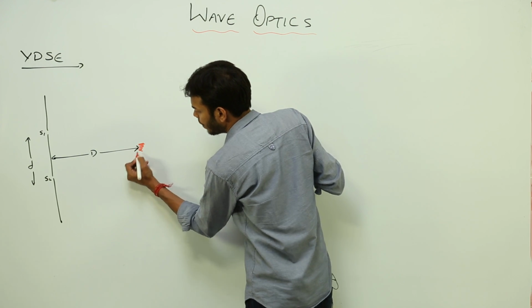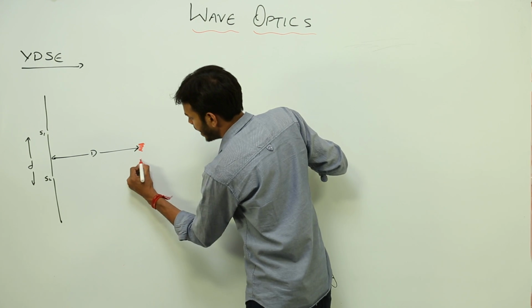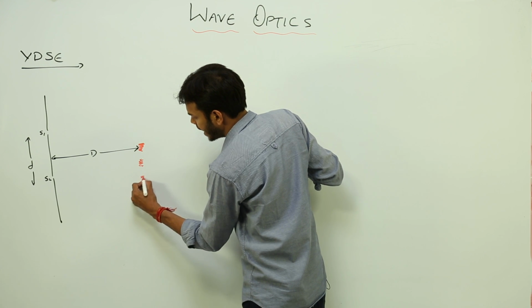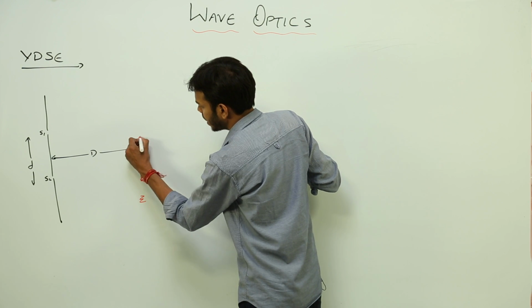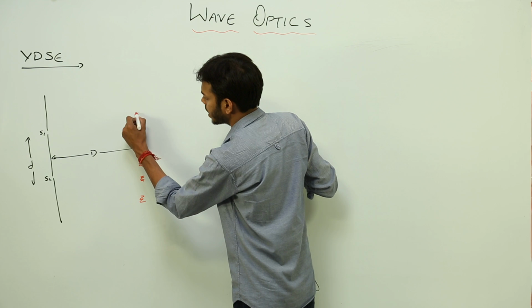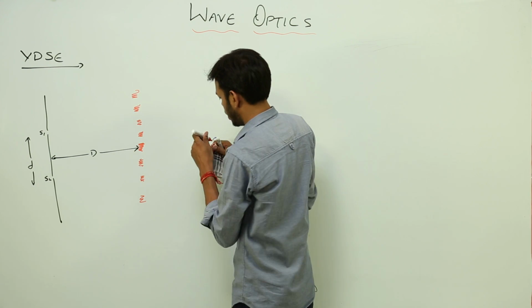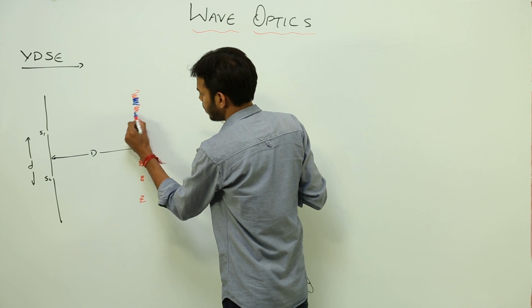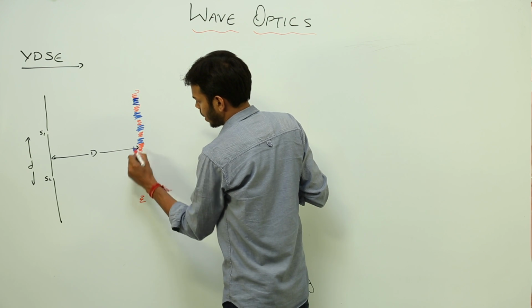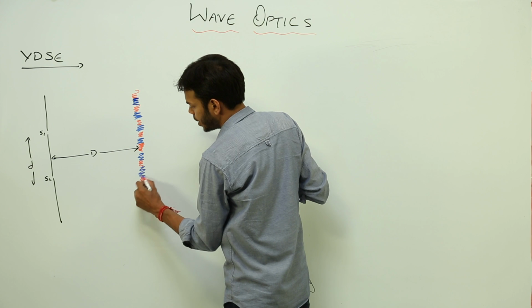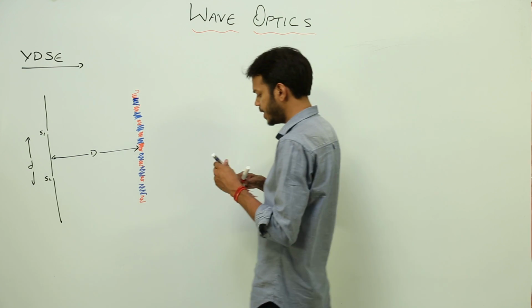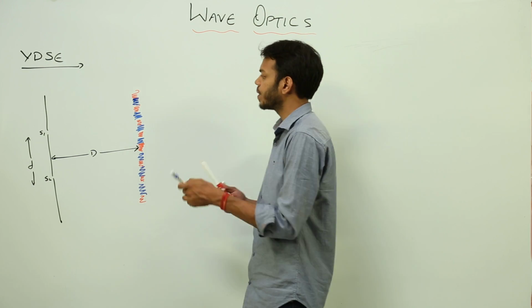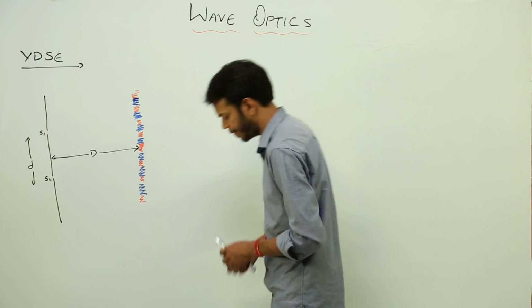At the center you will have a bright fringe, then dark fringes on both sides, right? This is how the interference pattern is obtained. These blue ones are our dark fringes, or the destructive interference, and the red ones are our bright fringes, that is constructive interference.